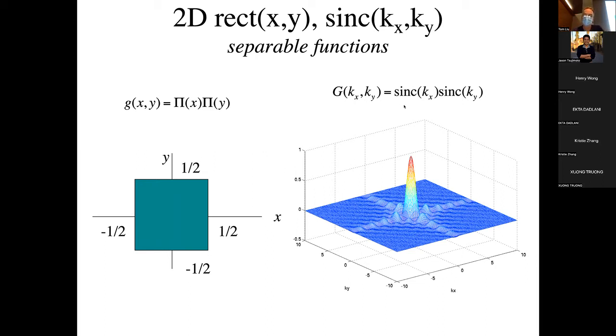And the sinc function in the plane can be described as the product of 2 sinc functions everywhere in the plane, such that you have a central peak, and then as you go away from that peak, it rings down in amplitude.